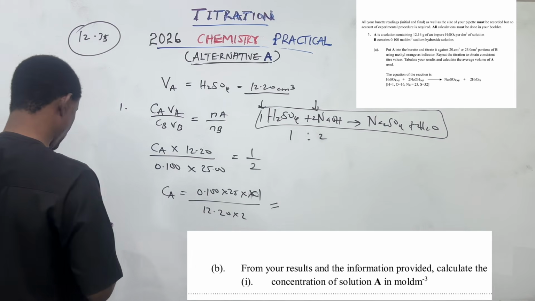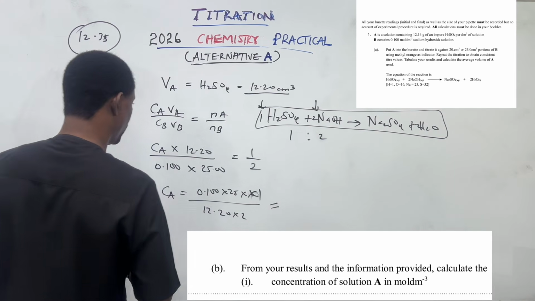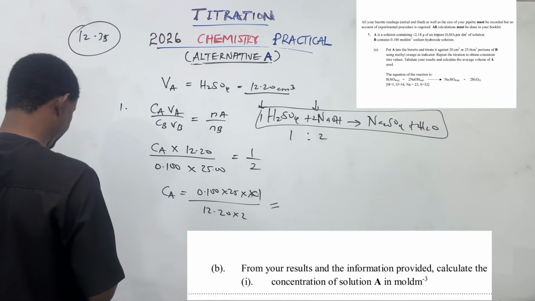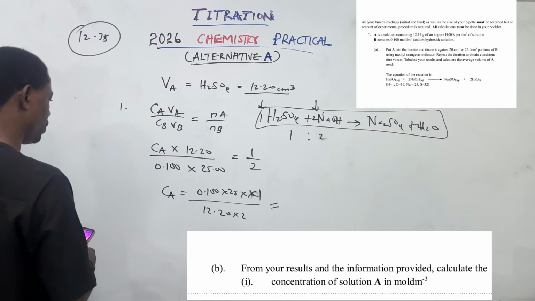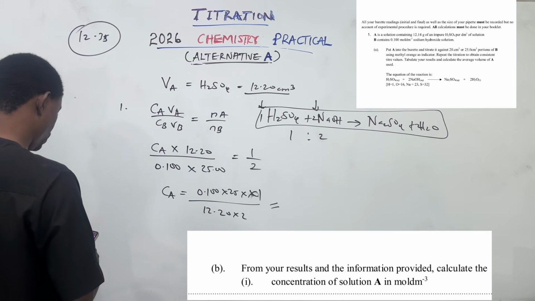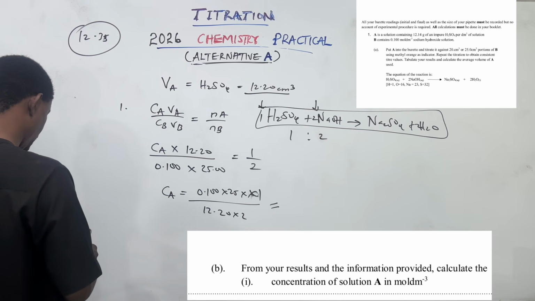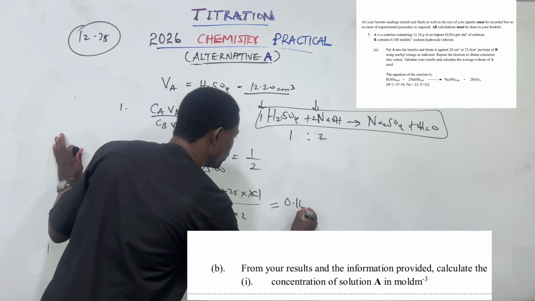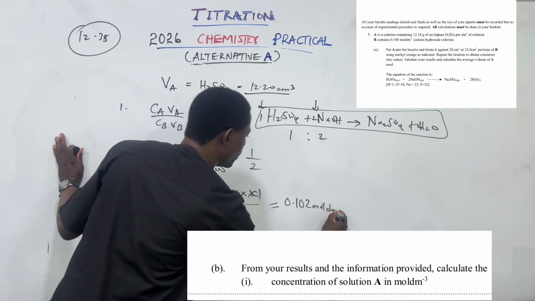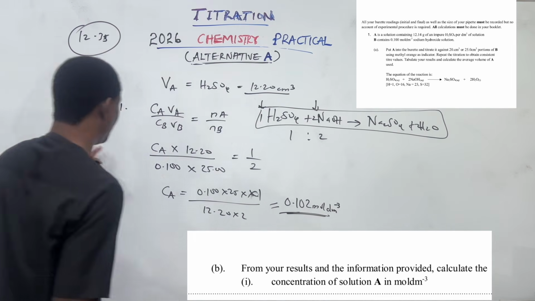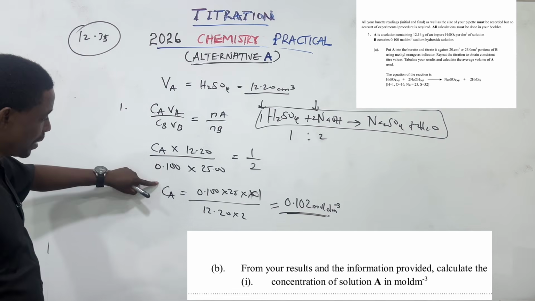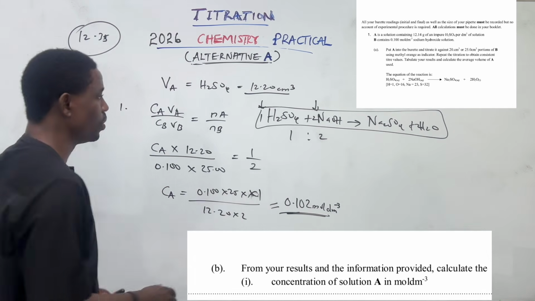So 0.1 times 25, dividing it by 12.2 and dividing it by 2. Okay, so 0.102 mole per dm³. That is the concentration of acid used. You can see that that is very simple, isn't it? Concentration of acid used is 0.102 mole per dm³.